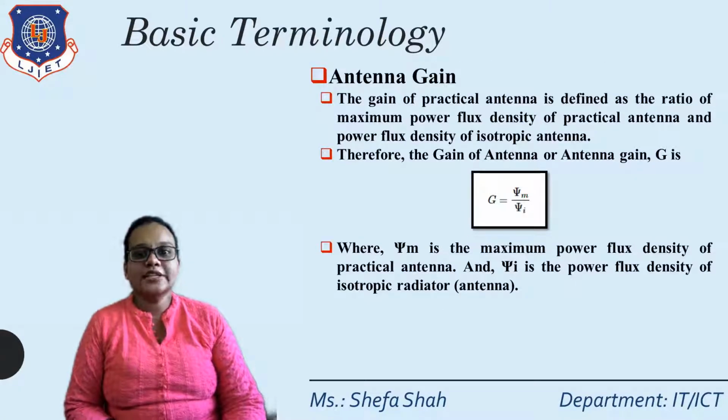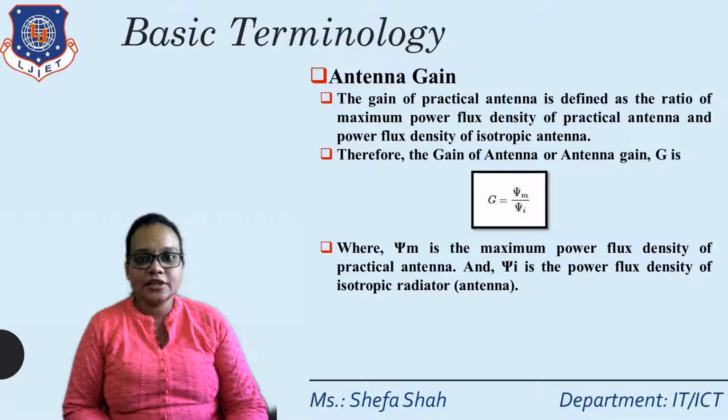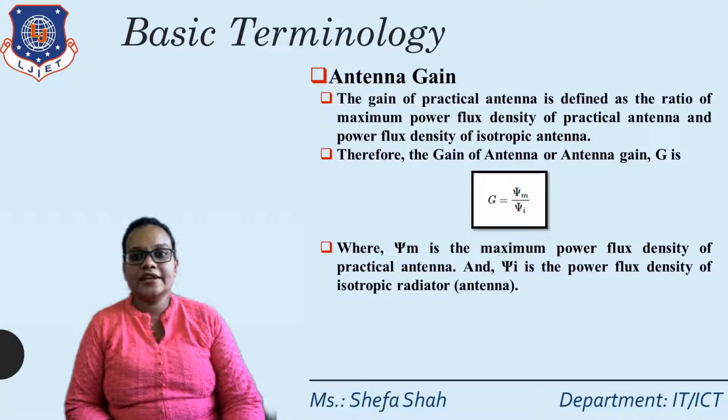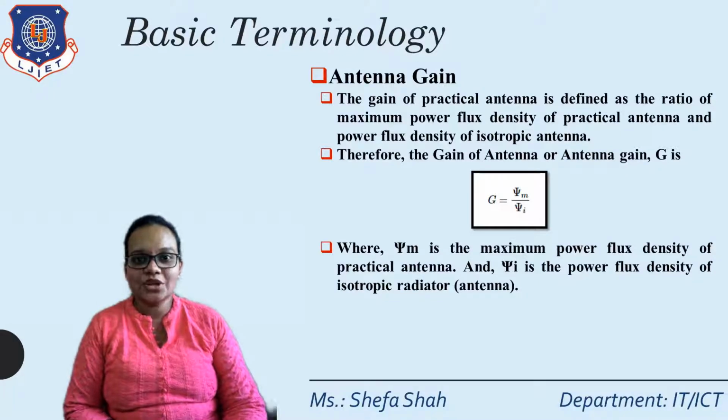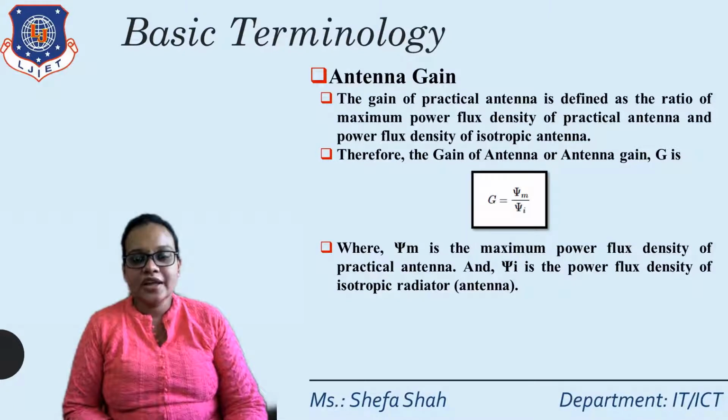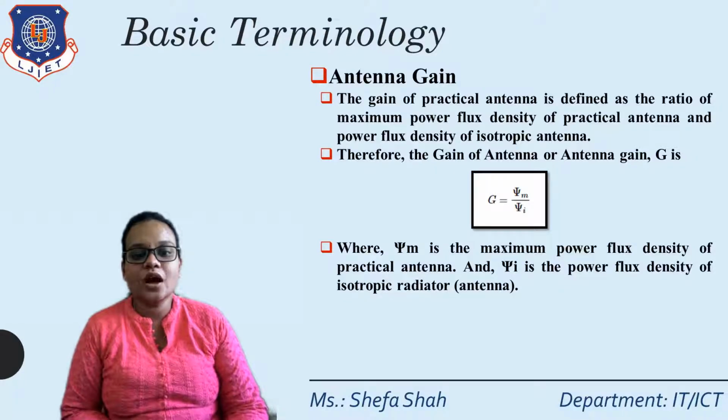Now the second terminology, the antenna gain. We have already discussed that there is no isotropic source, and so the antenna which we use in satellite communication practically is the directional antenna. Each and every directional antenna has its own gain. Gain suggests in which direction the maximum radiation will occur, right?